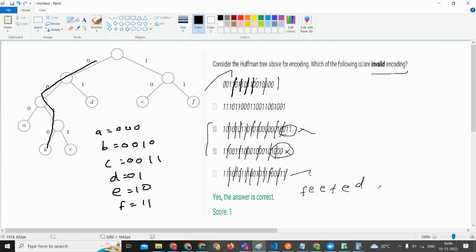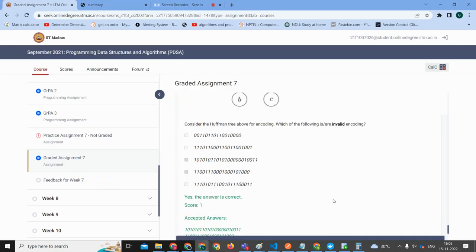I have 0, 1, which is D, and then again 0, 1, D. Again I have 11, which is F, then triple zero, which is A, and then 11, which is F. This is how we handled the previous question, so this is how you get the answer. So that's all for this week, guys.